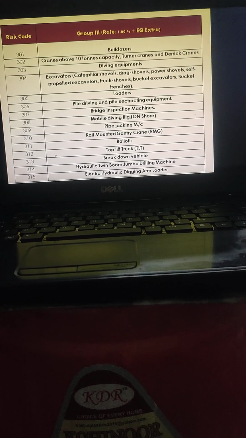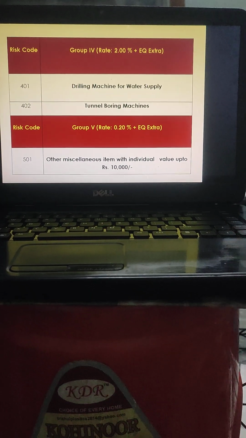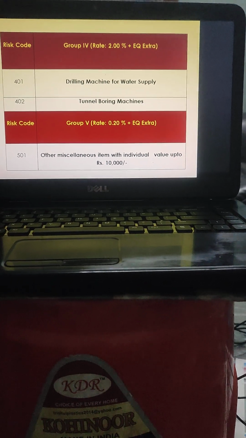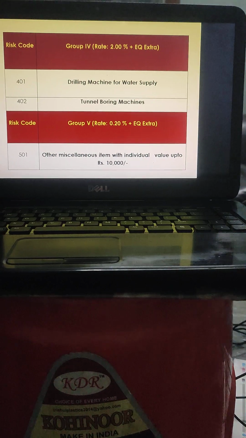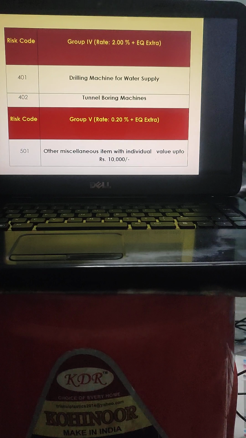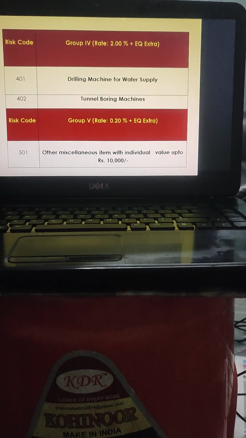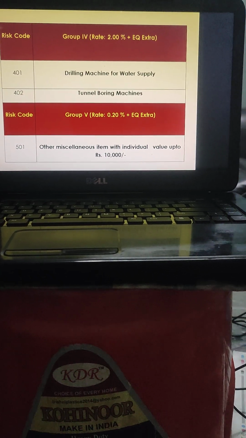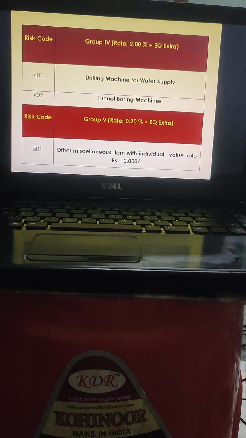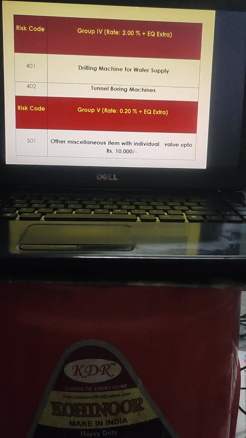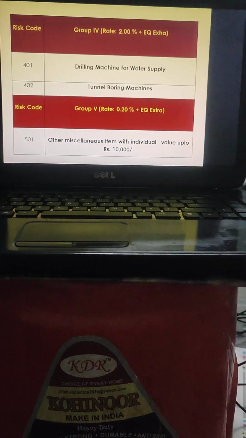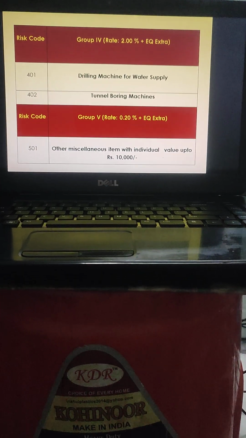Coming to group 4, it includes heavy and risky machinery like drilling machines for water supply, tunnel boring machines. They are coded like 401, 402, 403, and the highest rate is charged for this group, that is 2.00% plus earthquake. Group 5, on the contrary, has the lowest rate because other miscellaneous items with individual value up to rupees 10,000 are included in this group.